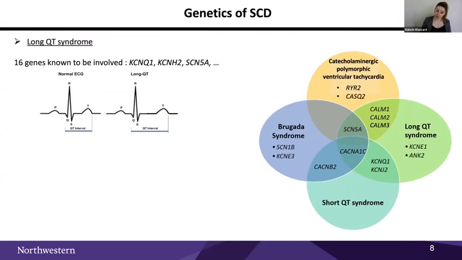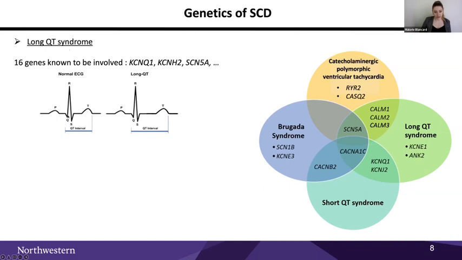Since I was talking about genetics, just to explain a little bit, and it's going to help you understand the end of the talk, I made a diagram of four syndromes that are due to mutations in ion channels. The first one I wanted to spend a bit more time on is the long QT syndrome.